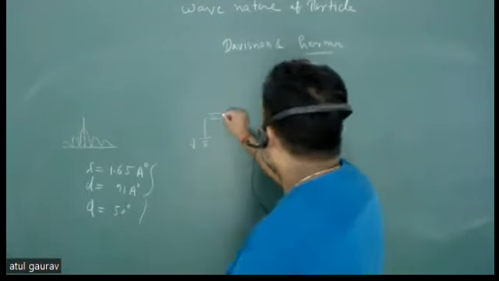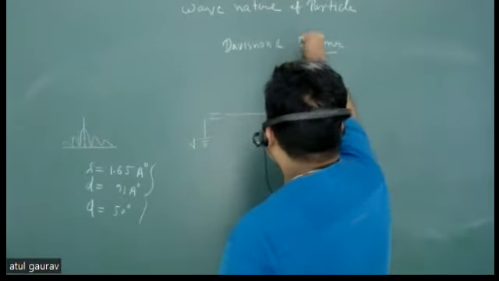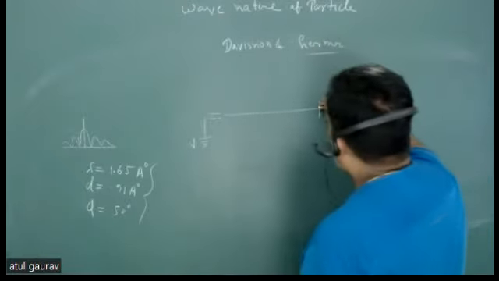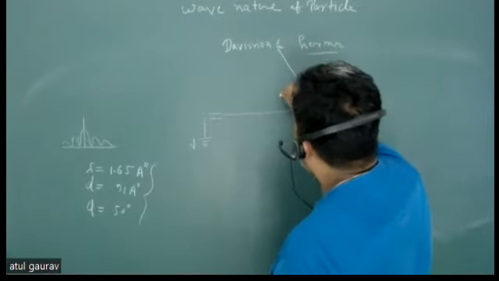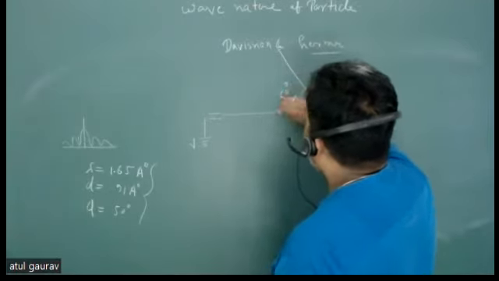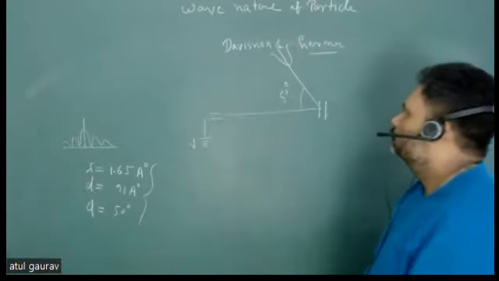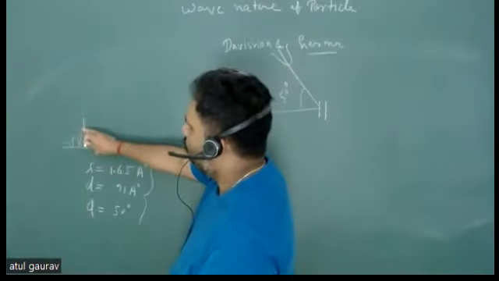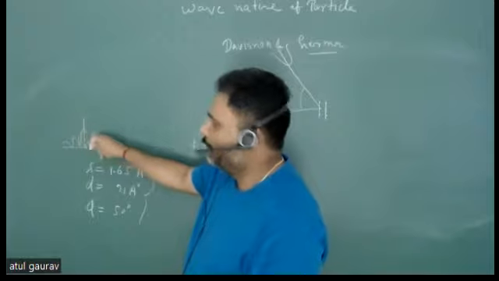What will happen? It will come here, and there is a detector. So at all places we have a detector. Suddenly what we have seen, at the angle, and this angle is 50 degree, we have a peak kind of situation. Exactly this kind of situation appears in this particular diffraction pattern.